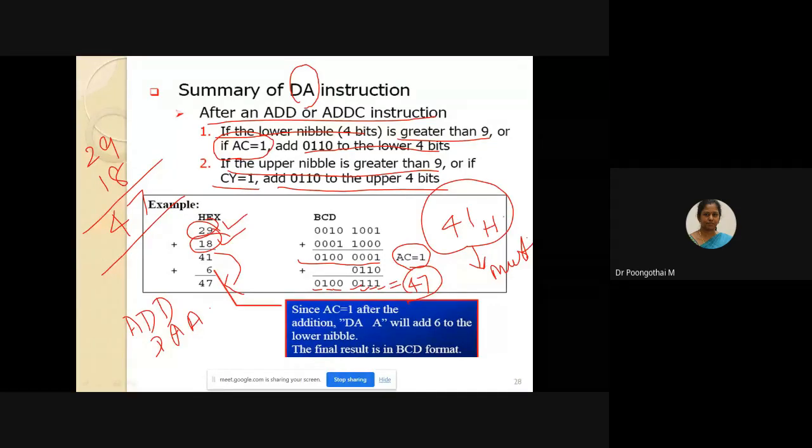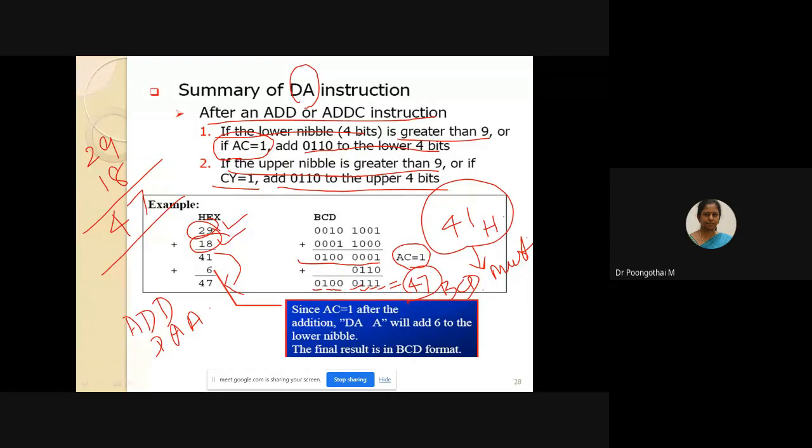So since the auxiliary carry is 1, after the addition, DAA will add 6 to the LSB, and the final result is in BCD format. The user has to interpret the result based on the given inputs. Suppose in your program you are giving BCD numbers, then the result must be converted into BCD. For that, you have to incorporate DAA after your addition instruction.